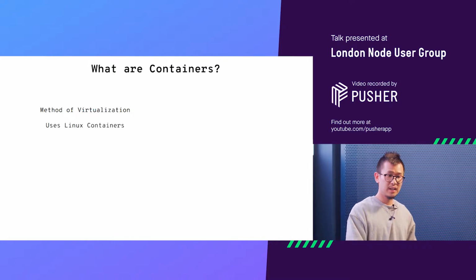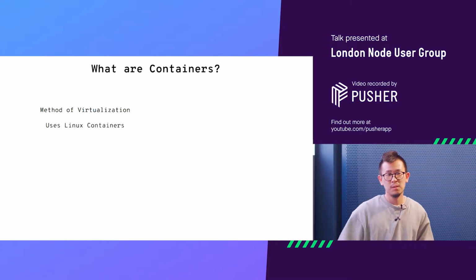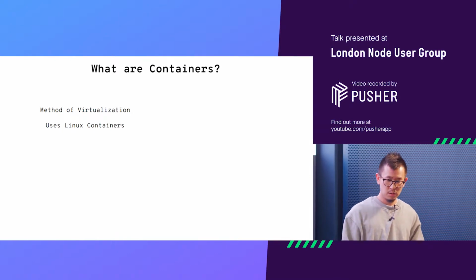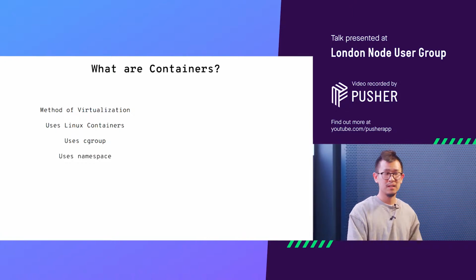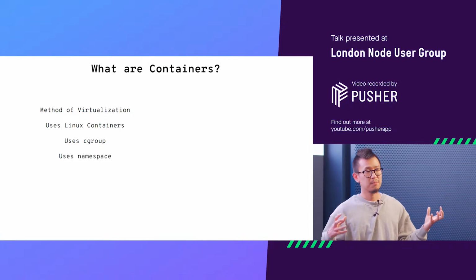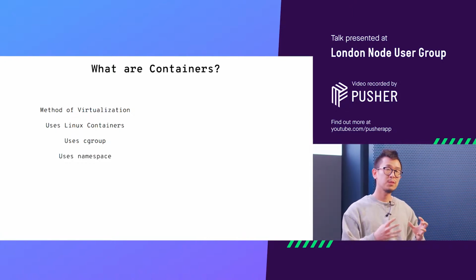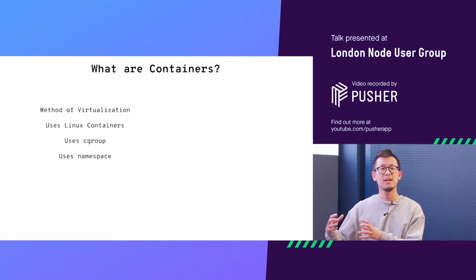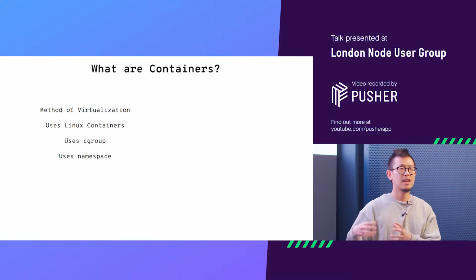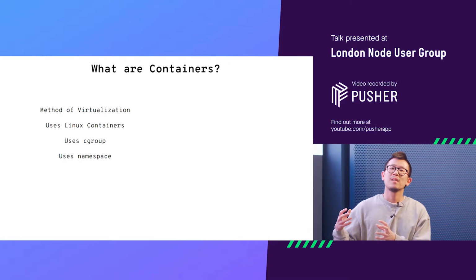It uses Linux containers, which is a feature that is built into the Linux kernel just over a decade ago. And internally, it uses cgroups and namespaces. All that does is it groups processes together, and then it packages resources like memory, CPU time, and process IDs.